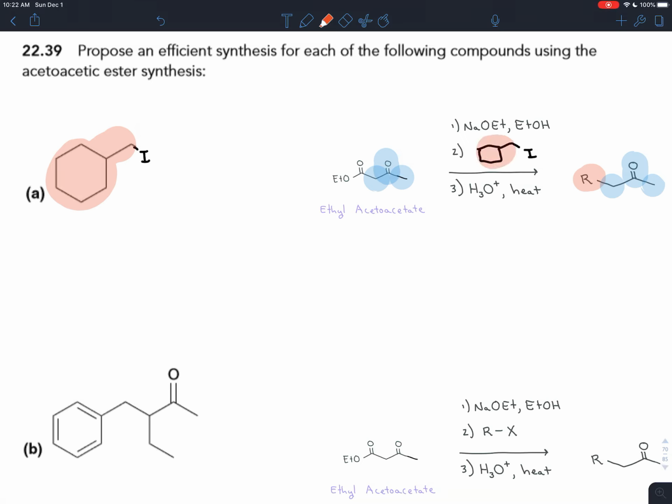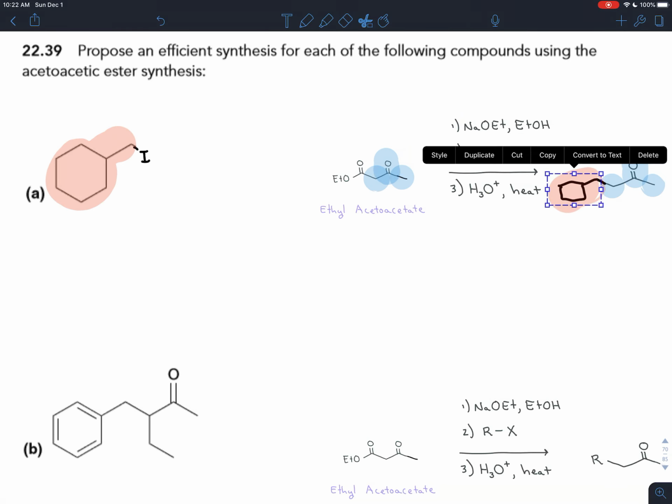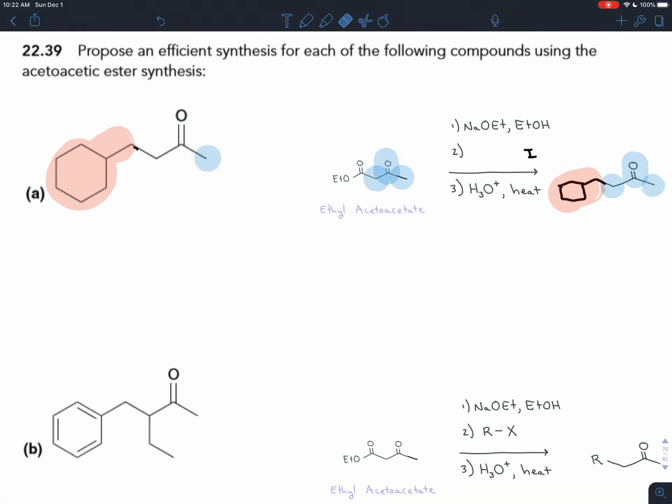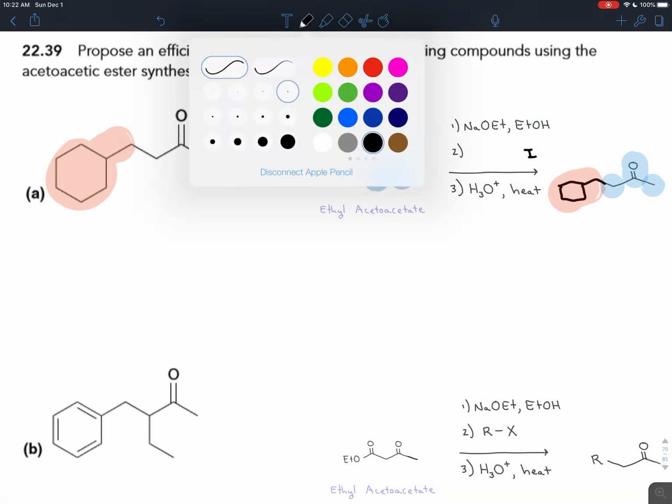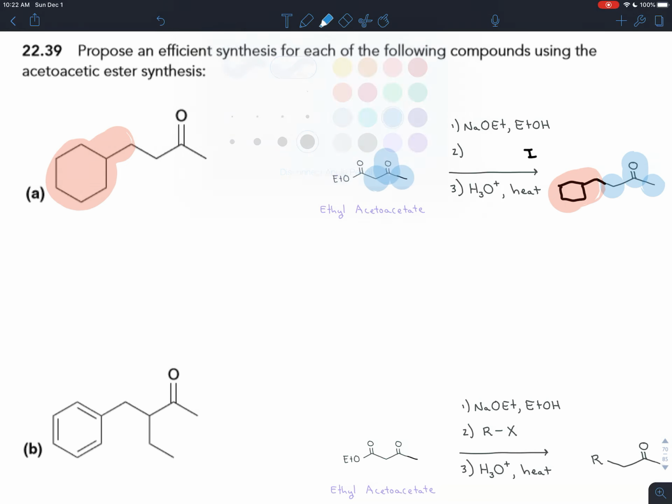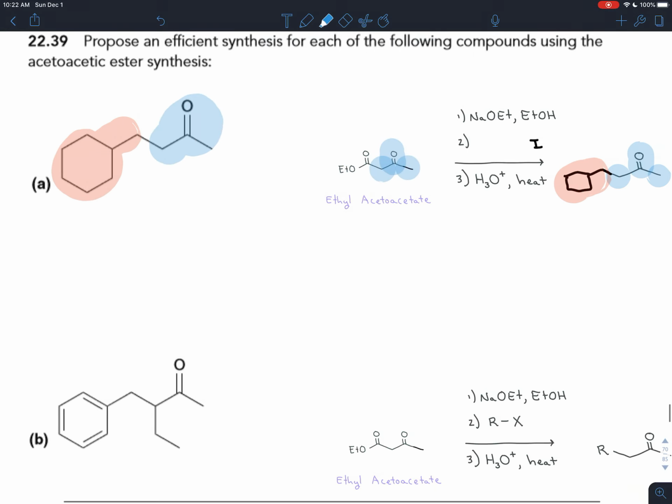And so that is your R group. So if you replace the R group in this generalized recipe with this specific R group here, then you can see that you would end up with the original molecule that we wanted, using that acetoacetic ester synthesis.